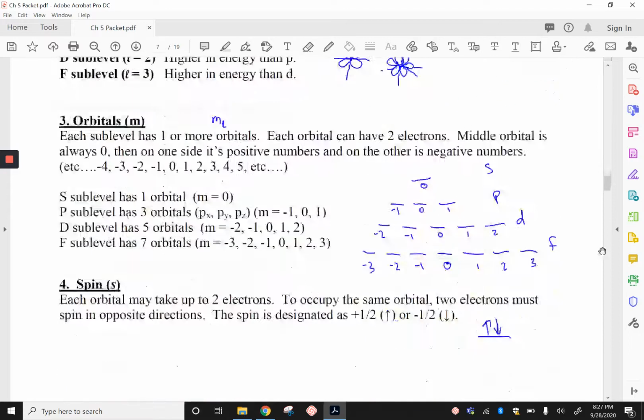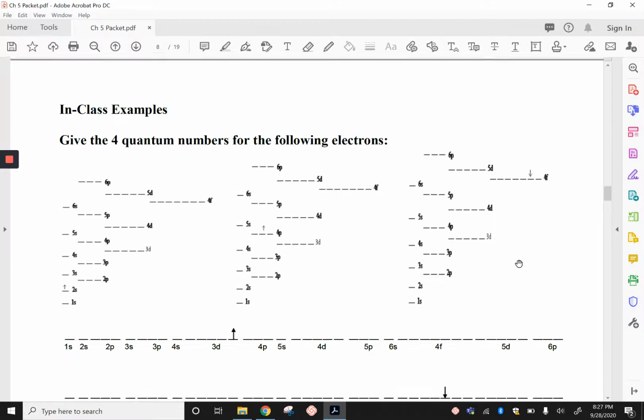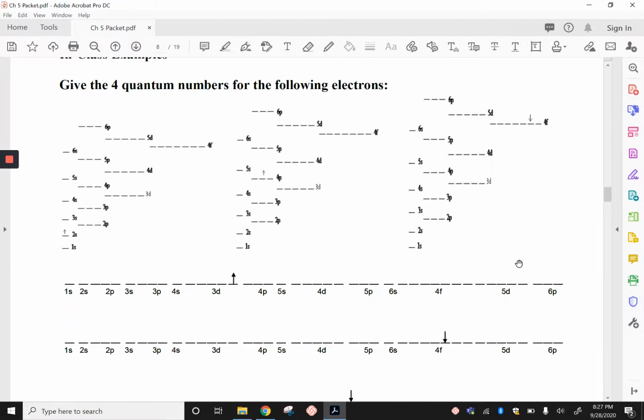So let's practice. If you go to the next page, we want to give the quantum numbers for each of these electrons. Remember, the quantum numbers are n, l, m, and s. We usually put them in parentheses with commas in between them. So here's my electron.